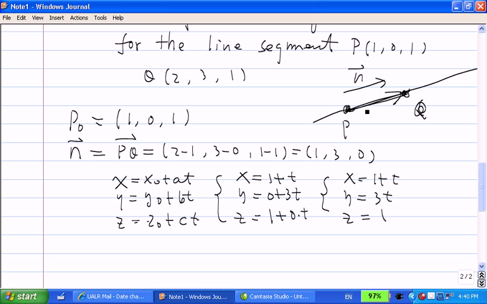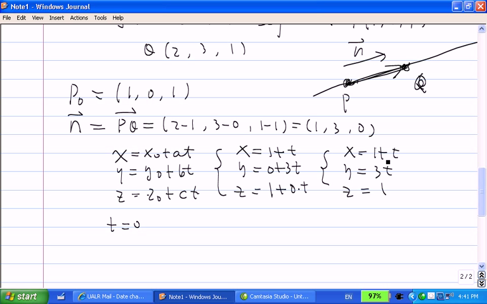Now, if you only want the points between P and Q, let's see. When t equals 0, you get a point. Your x will be 1, y is 0, z is 1, right?